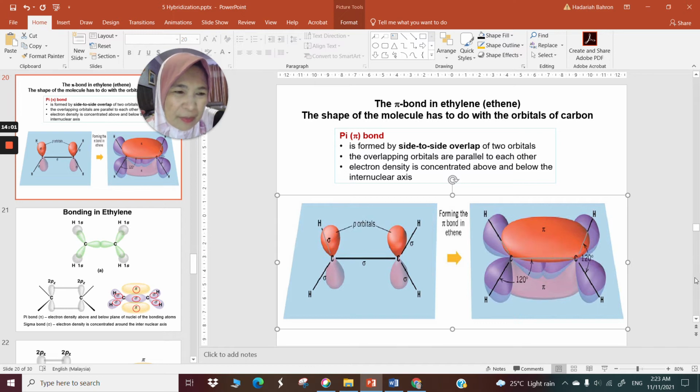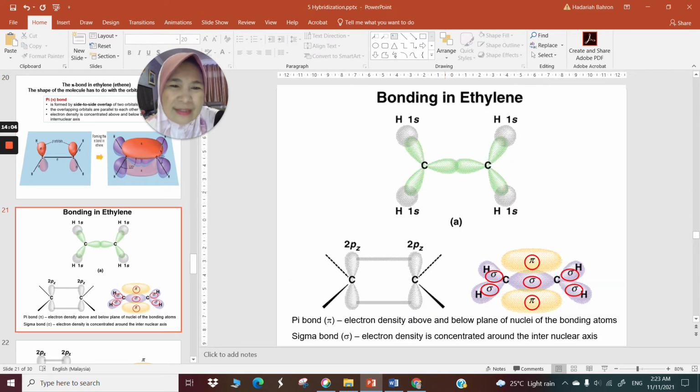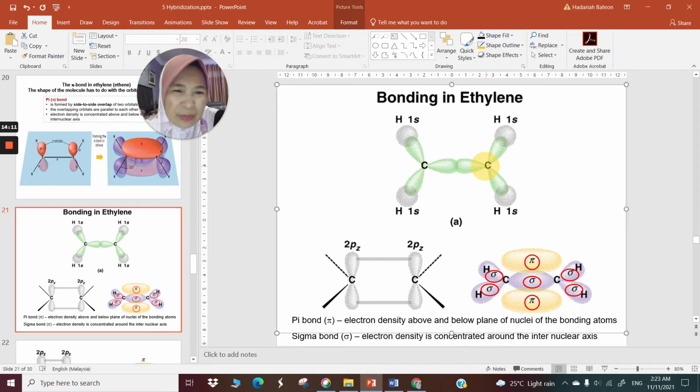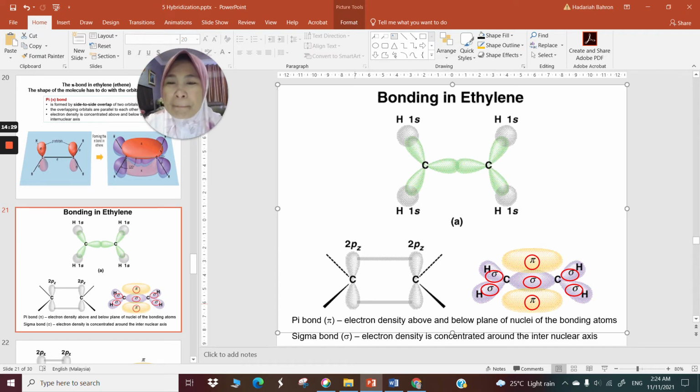Yeah, pi bond. Yeah, this is it. So you have carbon sp2, carbon sp2. When the two sp2 hybrid orbitals overlap, they make a sigma bond. This is a sigma, sigma, sigma, sigma, and sigma. But this 2pz or probably 2py, because they are actually interchangeable, some textbooks refer to them as 2py, some textbooks refer to them as 2pz.